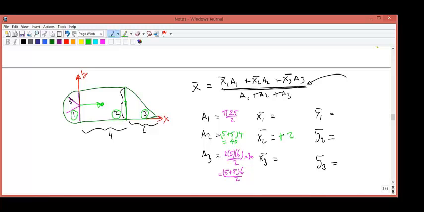Okay. Now, can you give me x1 bar? Where is the centroid of area 1 with respect to the y-axis? Almost.